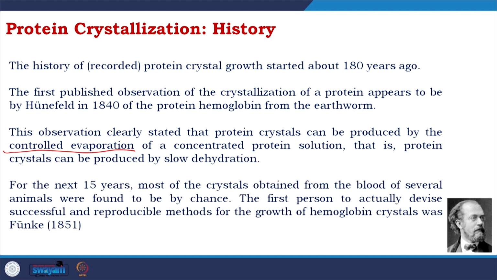For the next 15 years, most of the crystals obtained from the blood of several animals were found by chance. The first person who actually devised a successful and reproducible method for growth of hemoglobin crystals was Funke. You might have a question in mind: why were these people trying hemoglobin?